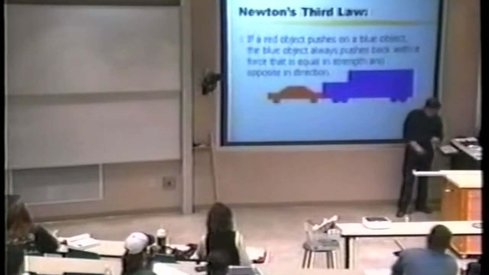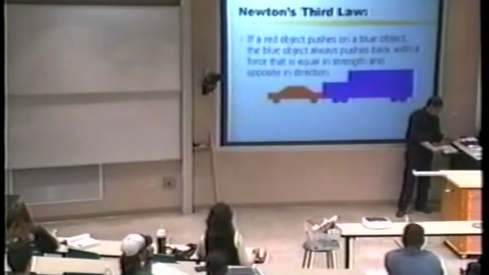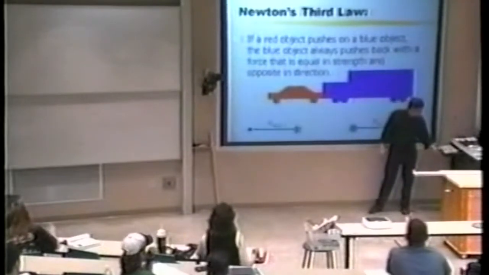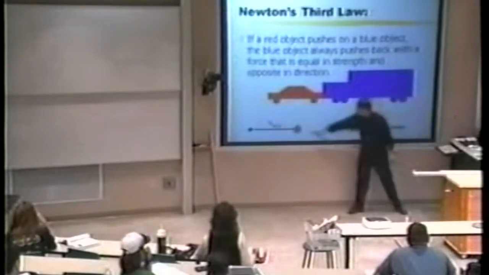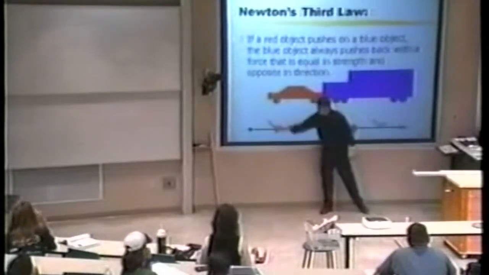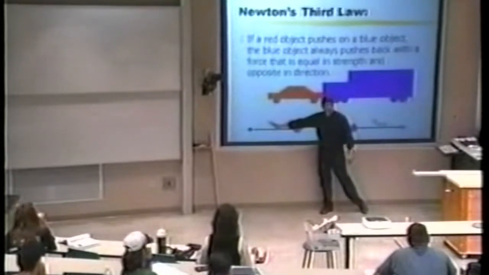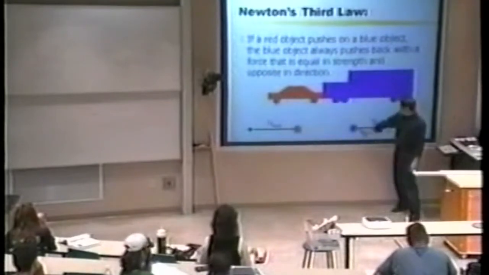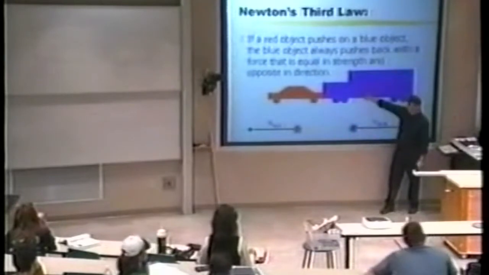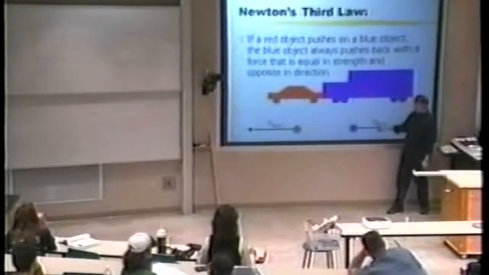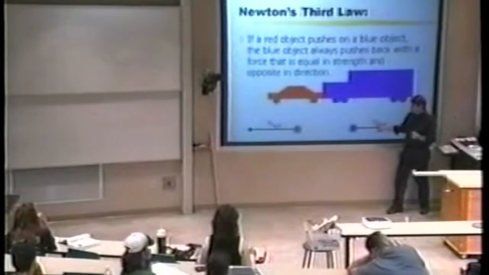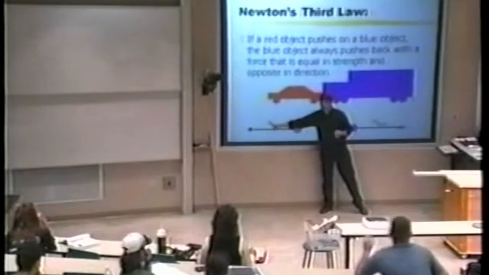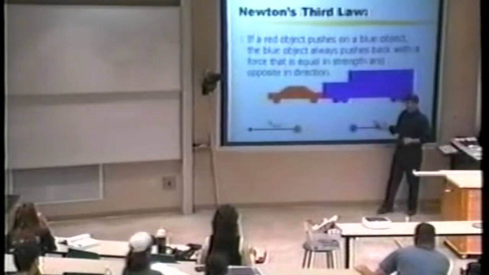In the truck and the car collision, if we wanted to draw free body diagrams for these, we would have to draw separate free body diagrams. And for the red car, there would be many forces on the car, but one of them would be a normal force, a push, that is the blue object on the red object. And what Newton said was that over on this other free body diagram for the blue object, the truck, there would also be, this is important, if this one's a normal, a perpendicular push, this one has to be a normal.